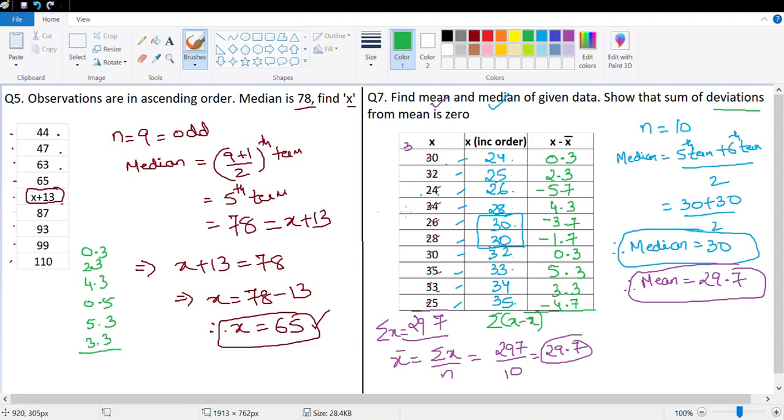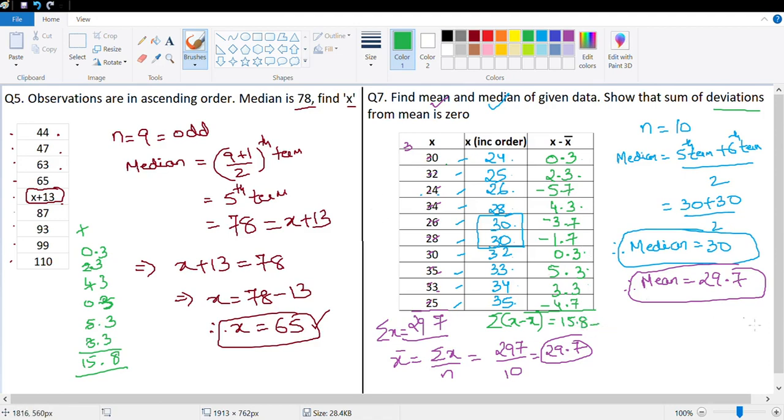So we have 6 positive numbers. Adding them up, the sum of positive numbers is 15.8.